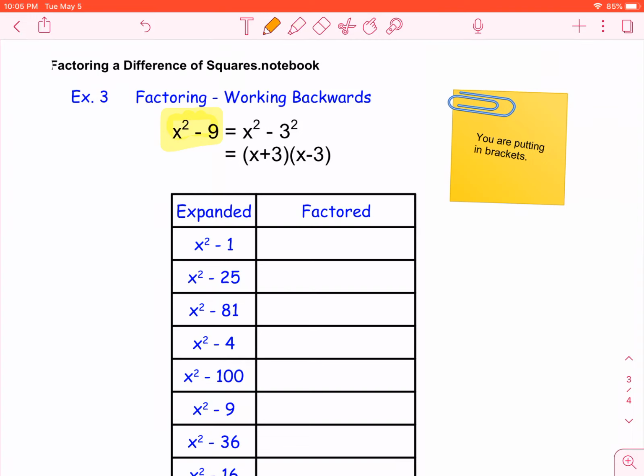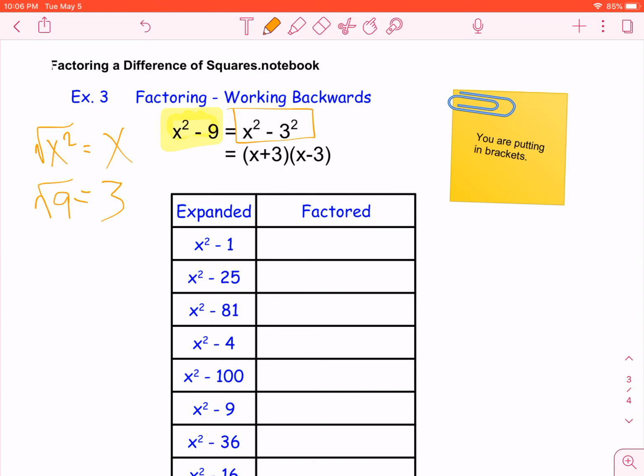So essentially what you can do on your side sheet of paper when you are working this out is say, what's the square root of x squared? What's the square root of 9? I know the square root of x squared is x. I know the square root of 9 is 3. So this means that x squared minus 3 squared, like what I was doing in the box up above, would be the rearranged equation. That is equivalent, which is why it can be set equal to.